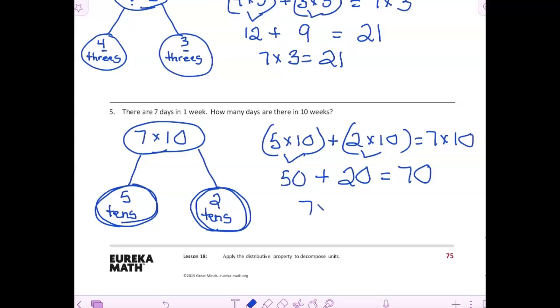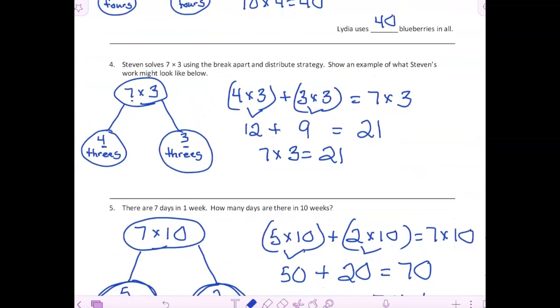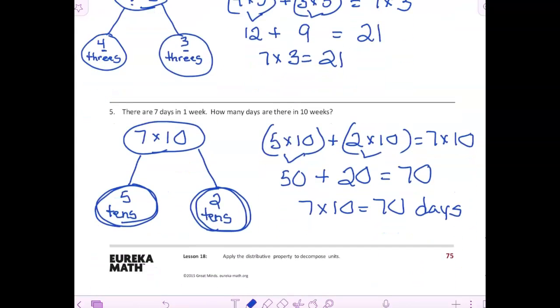So 7 times 10 equals 70. And really it should say 70 days. Up here we should say 21, he just broke that apart, so 70 days. Just to be complete, you can write a sentence. There are 70 days in 10 weeks.